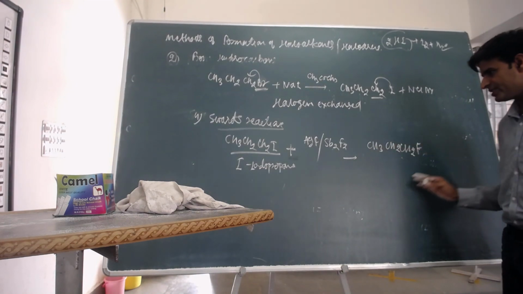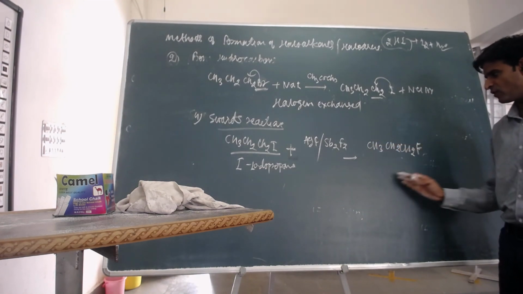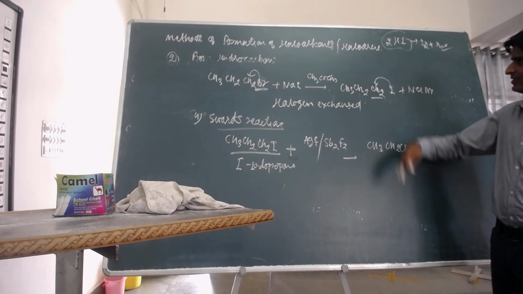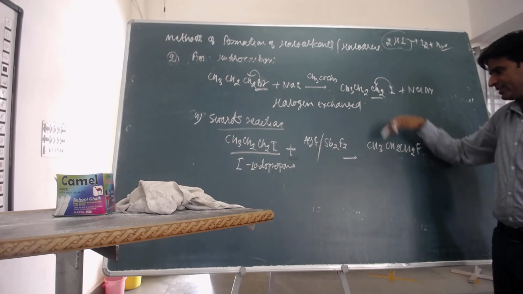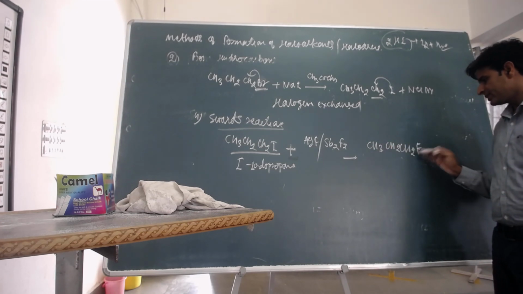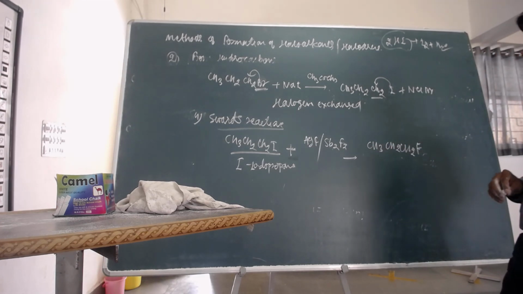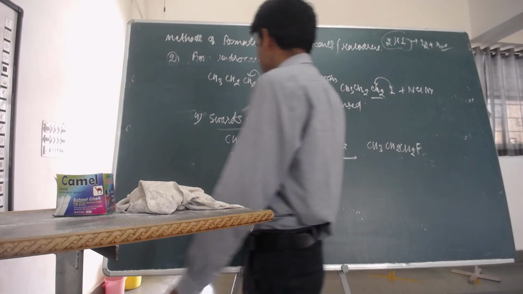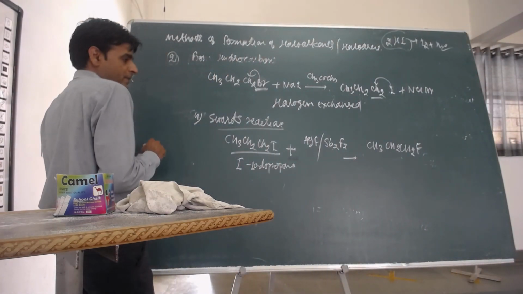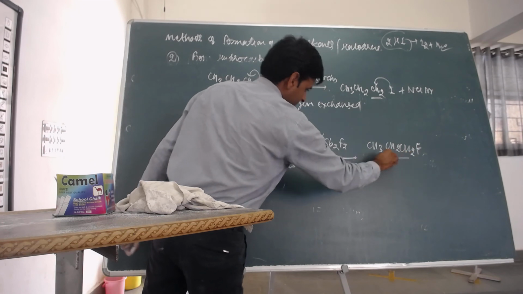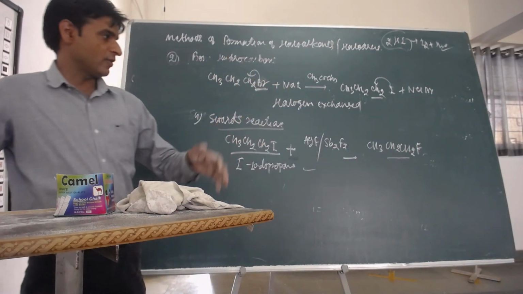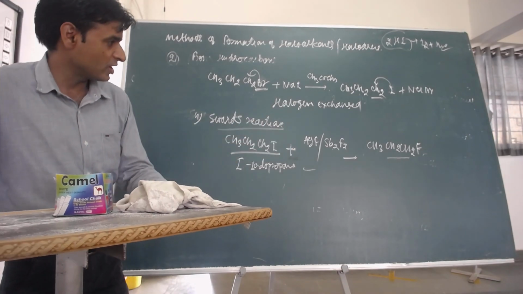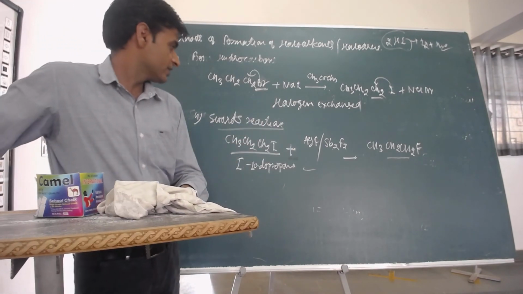How can we say that this is a characteristic reaction to obtain the fluoroalkane? As we obtained the iodoalkane in the Finkelstein reaction, like this we obtain the fluoroalkane in the Swarts reaction, and the Swarts reaction is mainly used for obtaining fluoro compounds. We cannot easily obtain the other haloalkanes like bromopropane and iodoalkanes in this reaction.